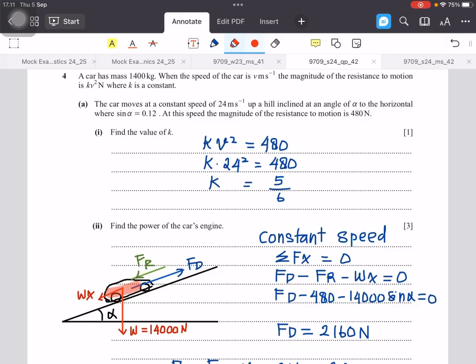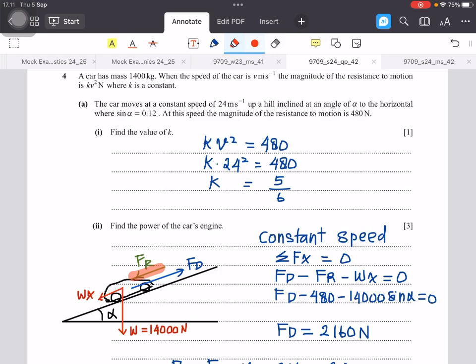The car is on a hill inclined at angle alpha, in which sine alpha is equal to 0.12. There is a driving force on the car, and there are two forces that resist the motion.